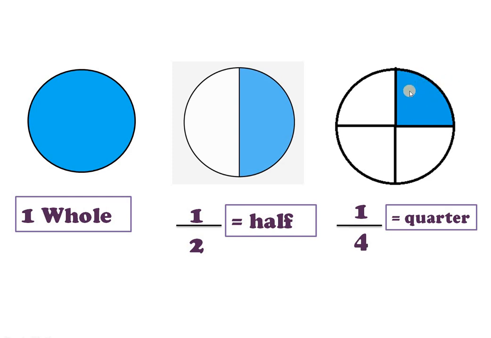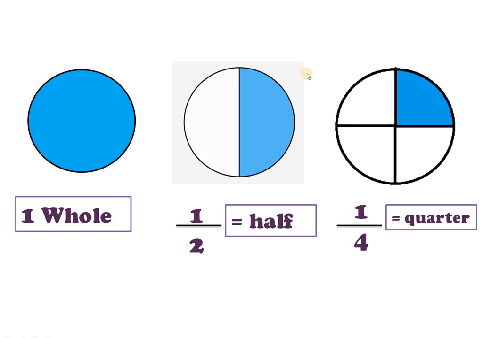There is 1 shaded part, so the number in the top should be 1, and we read this fraction as quarter. So again, 1 whole, half, and quarter.